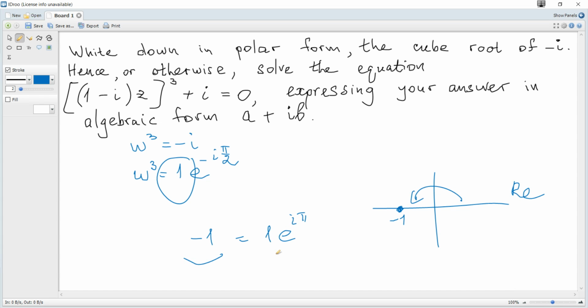So negative 1 is 1 e to the power i pi. If you need, for example, w cubed is negative 1, you cannot do anything with negative 1 directly. You should consider it like this: r e to the power i theta, where r is positive.